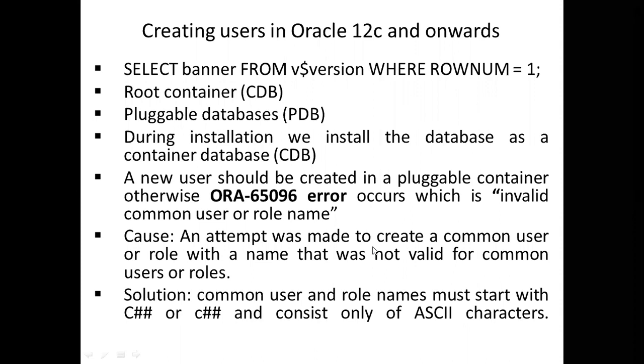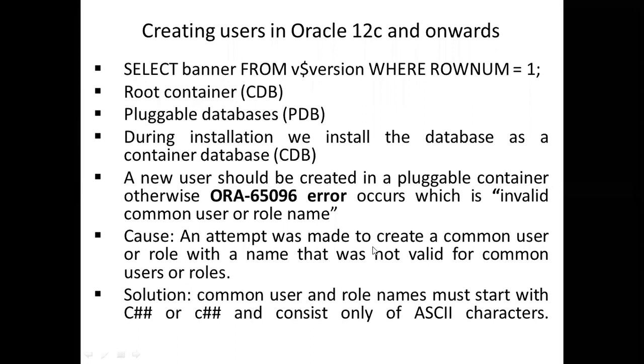Whereas a new user should always be created in a pluggable database, in a PDB. So that's why this error is coming, because we are trying to create a new user while our database is a CDB. And the message is: an attempt was made to create a common user or role with a name that was not valid for common users or roles.